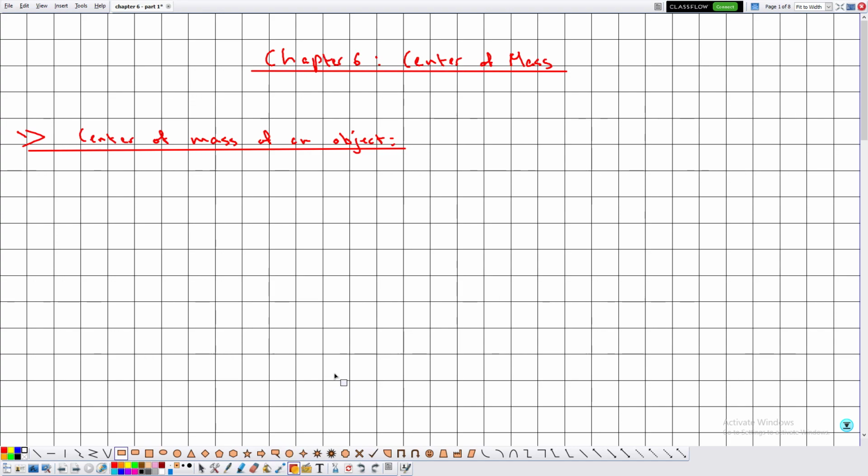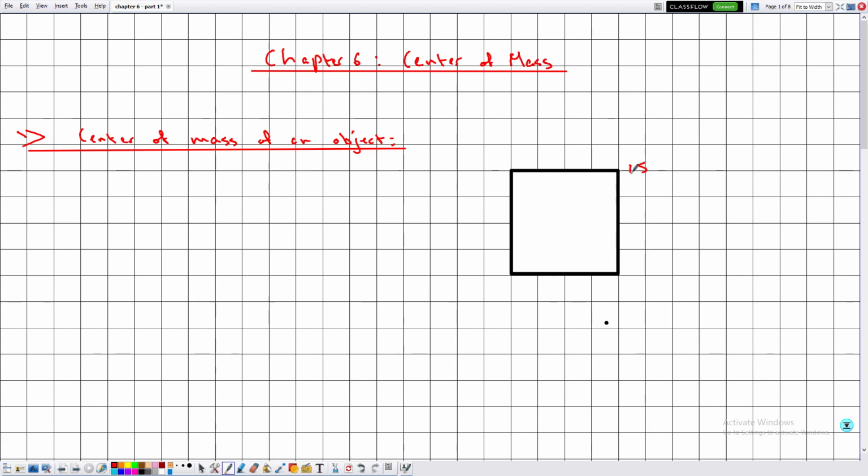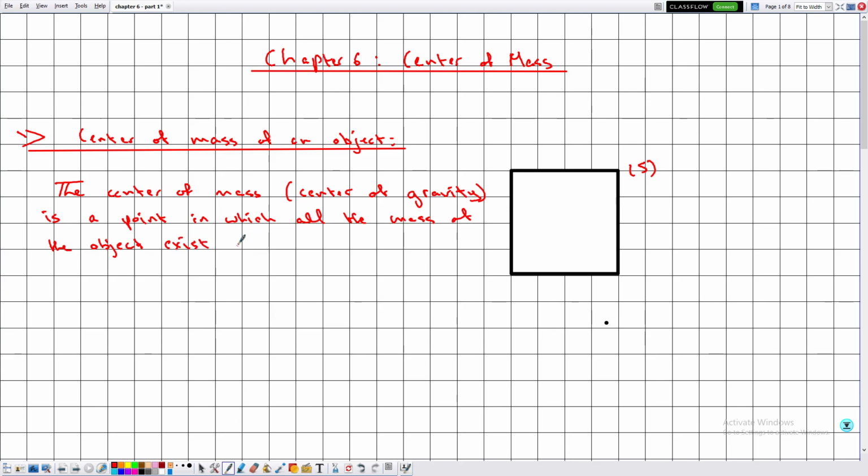Let me consider for this case a solid S. So the center of mass, or in other words center of gravity, is a point in which all the mass of the object exists at that point.